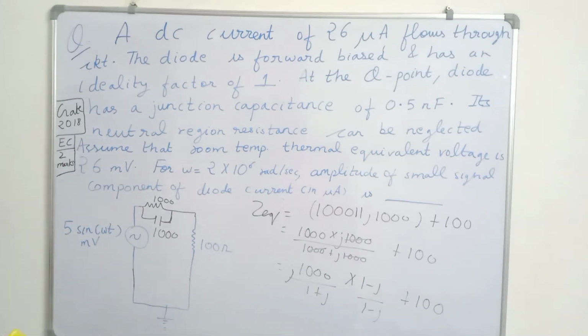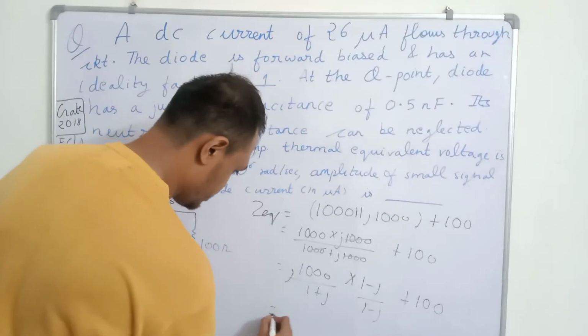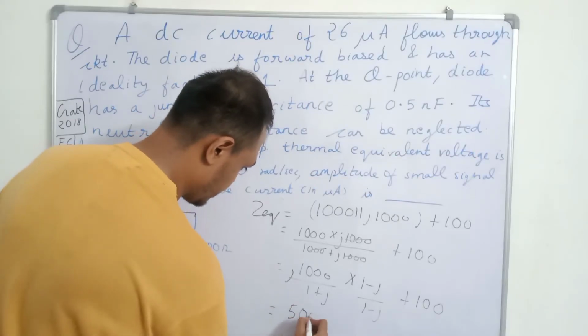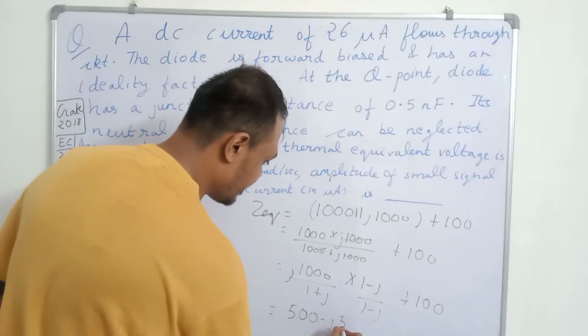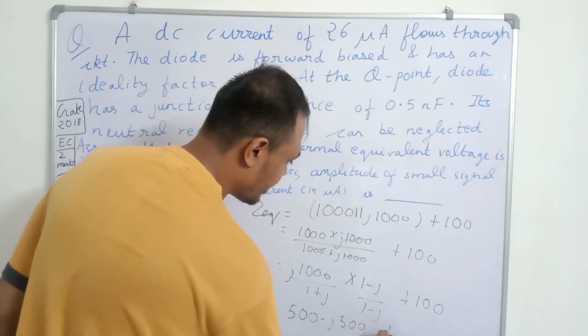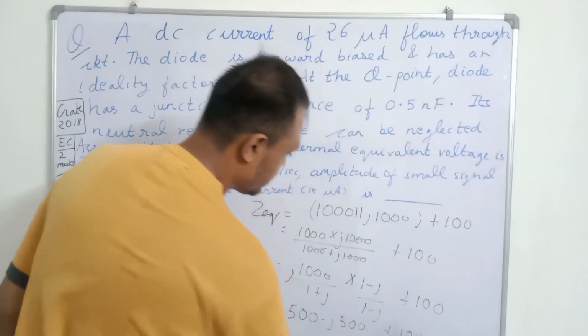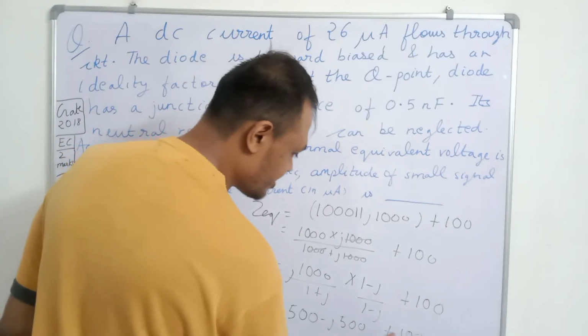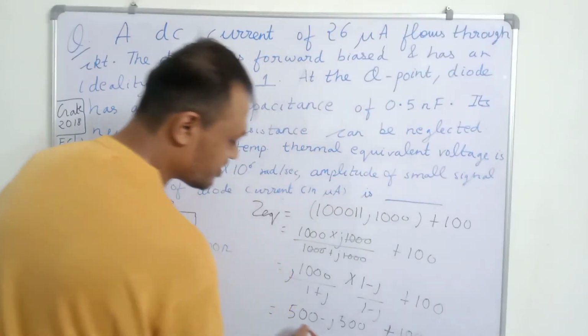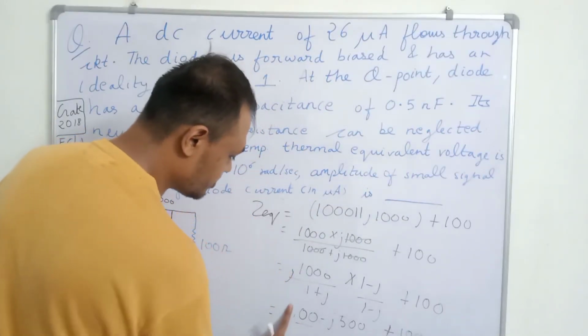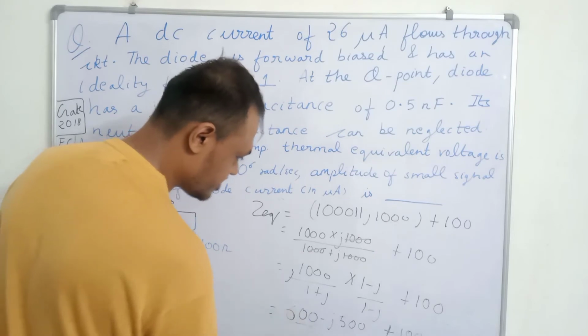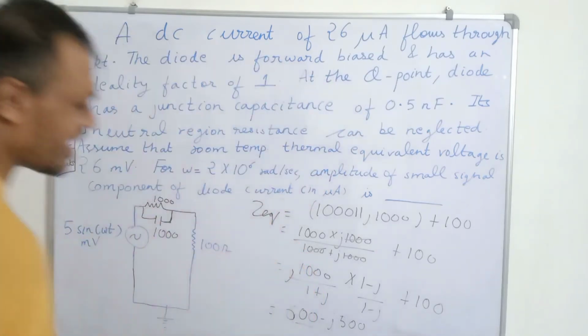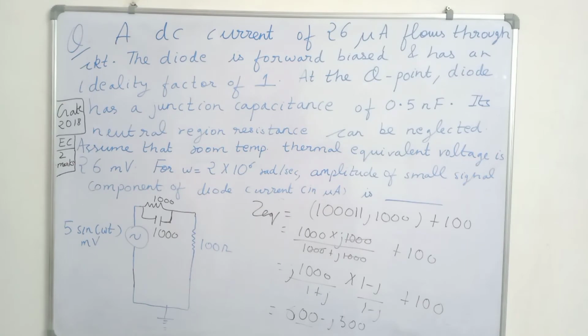So this will give 500 minus j500 plus 100. So 100 plus 500 will be equal to 600. So this is equal to 600 minus j500.